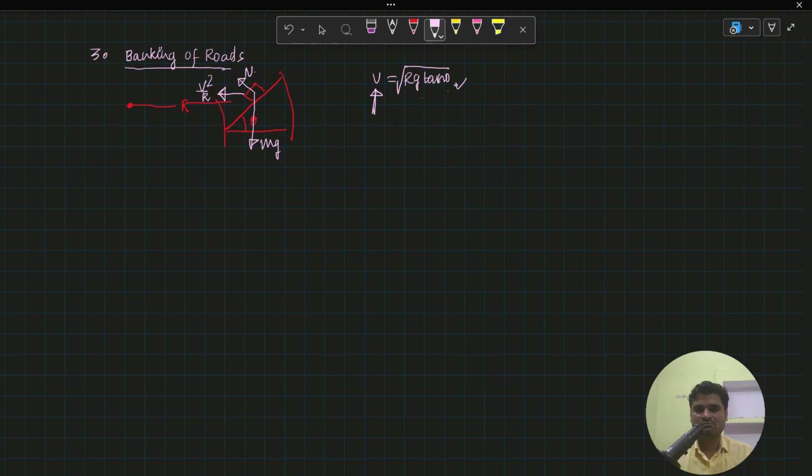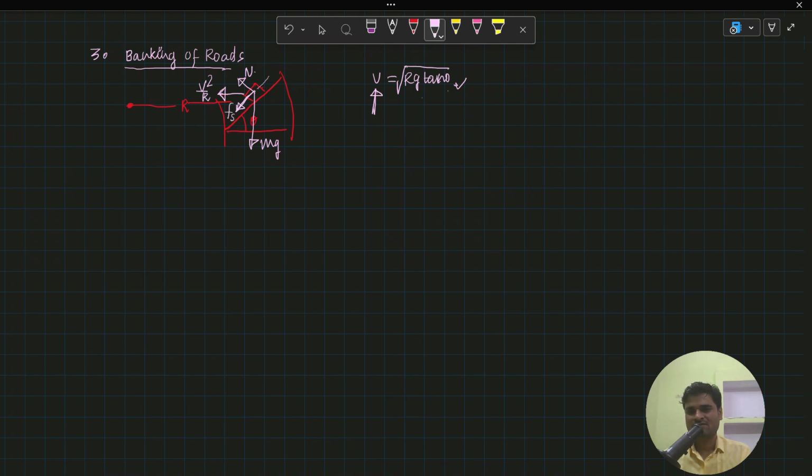So our car will try to go in this direction, outside of the track. So that's why friction will come into the picture, and this will start to act on this.